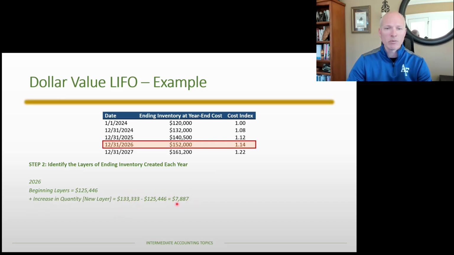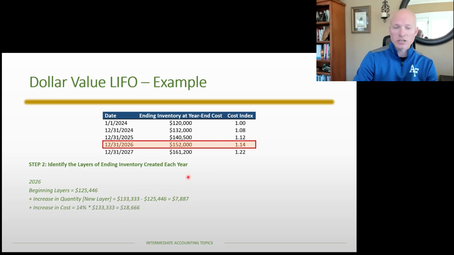This is the number that we are after in step 2. So we had an increase in quantity in base year costs of $7,887. That is the change that's attributable to quantity. That is the number that we need.